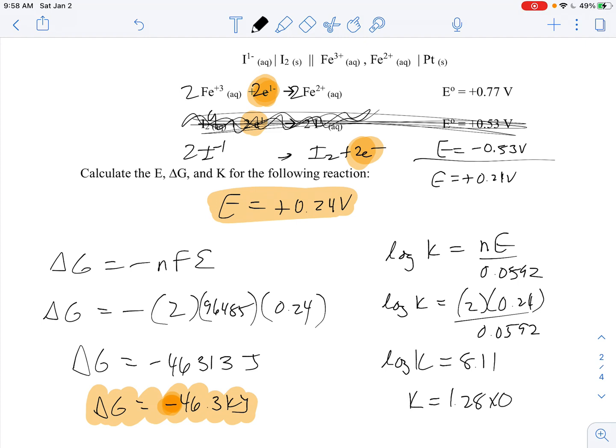So that's that. Looks like it's about 1.28 times 10 to the 8, according to my calculator.